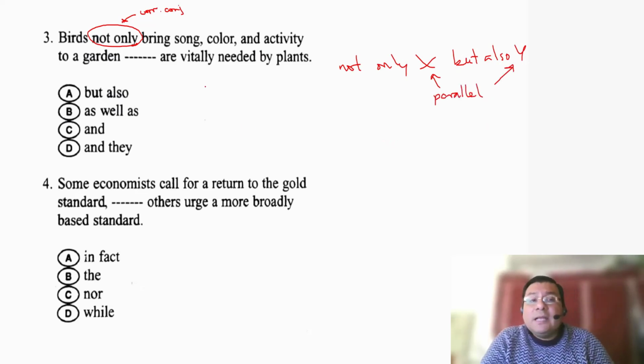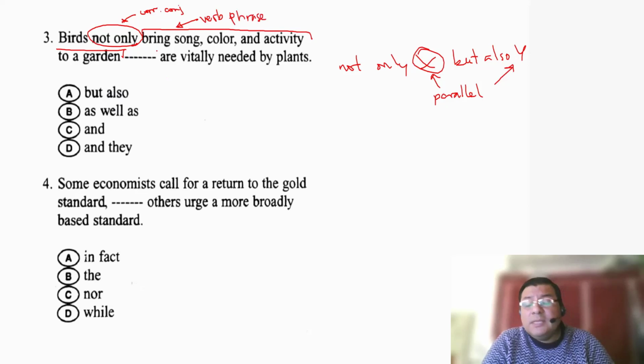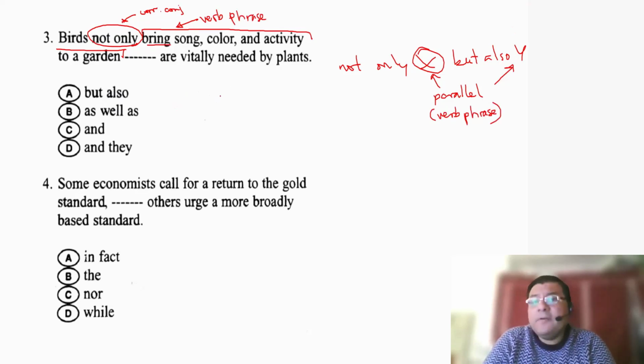So let's take a look at what this X represents in this sentence. We have bring song, color, and activity to a garden. So what we have here is a verb phrase because the beginning word is bring. So if this is a verb phrase, then Y is expected to be another verb phrase to keep the parallelism in this construction.